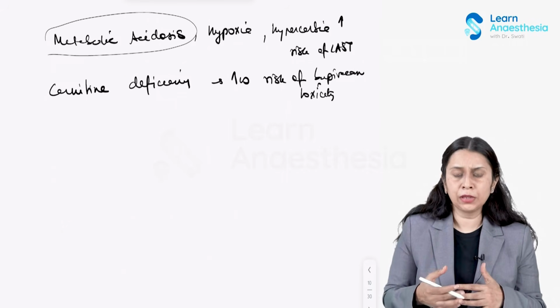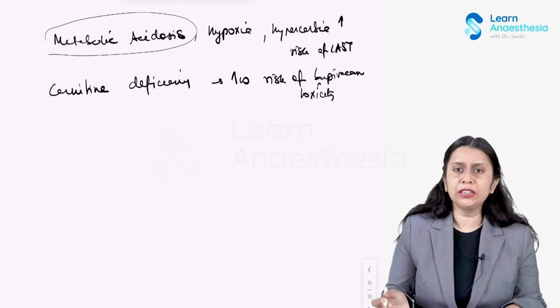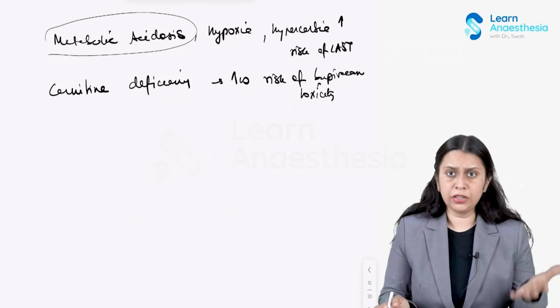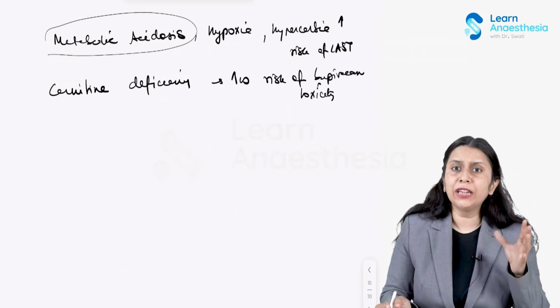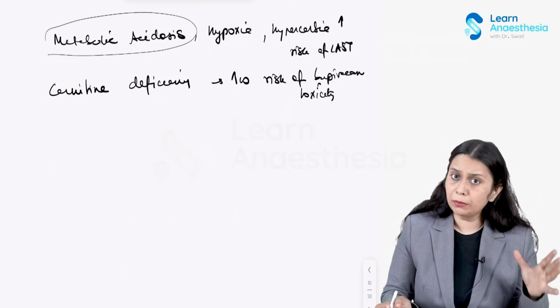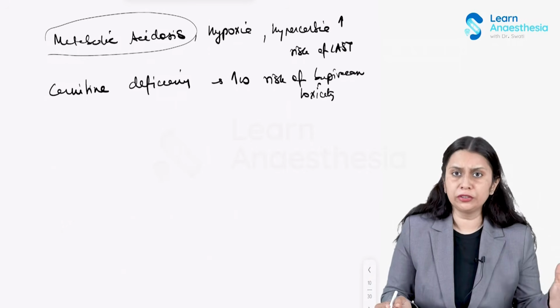So we have to be very careful if we are giving regional anesthesia to a patient in metabolic acidosis, hypoxia or hypercarbia. Now apart from this, some end organ dysfunction, cardiac dysfunction or hepatic dysfunction, again increases the incidence of LAST and we have to decrease the dose of local anesthetic. But remember, renal dysfunction does not increase the risk of LAST.